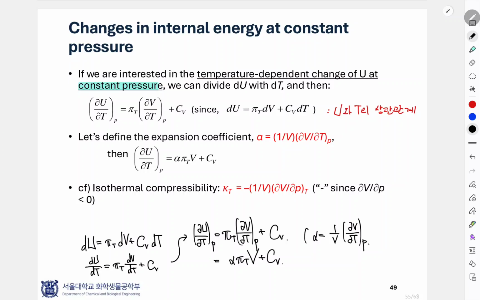Similarly, there is the isothermal compressibility kappa here, which is the measure of the fractional change in volume when the pressure is increased. The negative sign in the definition means that the compressibility is a positive quantity, because an increase of pressure is positive, then brings about a reduction of volume, so negative dV, and finally this kappa becomes positive.